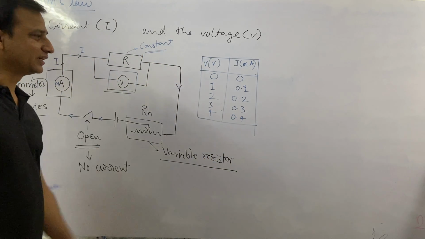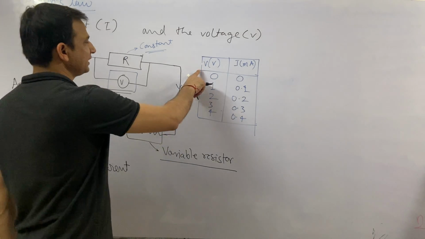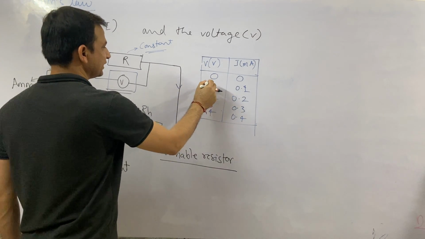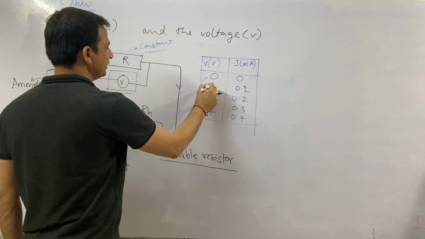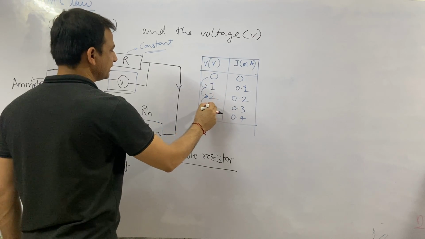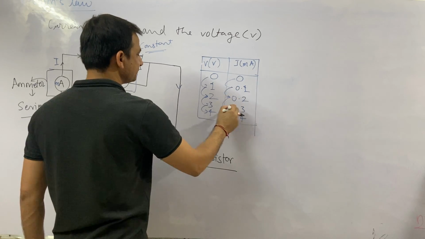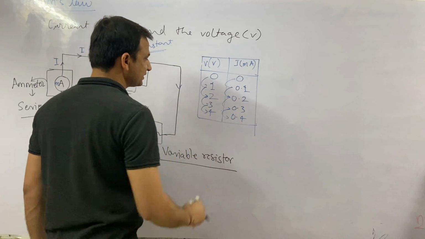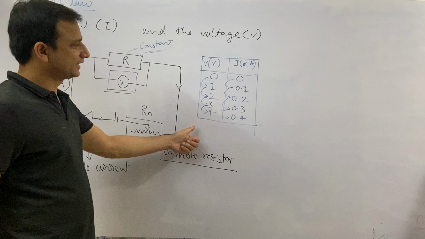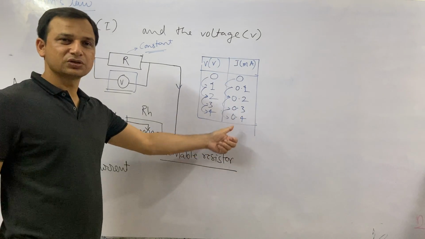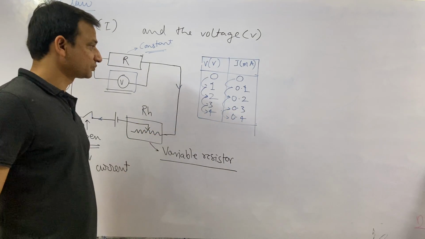What you can see here is that the voltage goes 0, then 1, 2, 3, 4, and the current is also increasing. With an increase in voltage, current is also increasing.